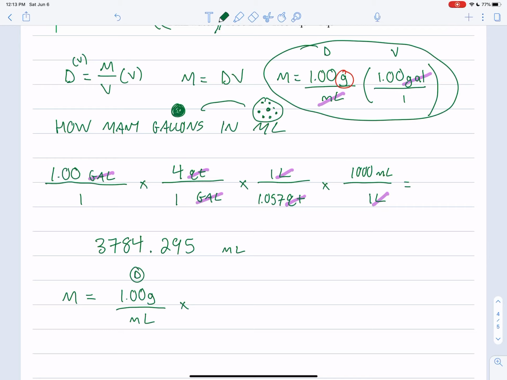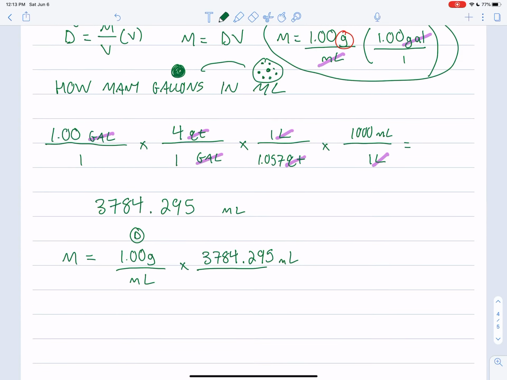Our volume, now we have in milliliters, which is 3784.295 milliliters. Now look what we're canceling out. We're canceling out our milliliter unit and our milliliter unit. This is a 1. And our answer will now be represented in grams. Okay, so we're just multiplying 1. It's nice and easy. 1 times this. This is actually our answer here.